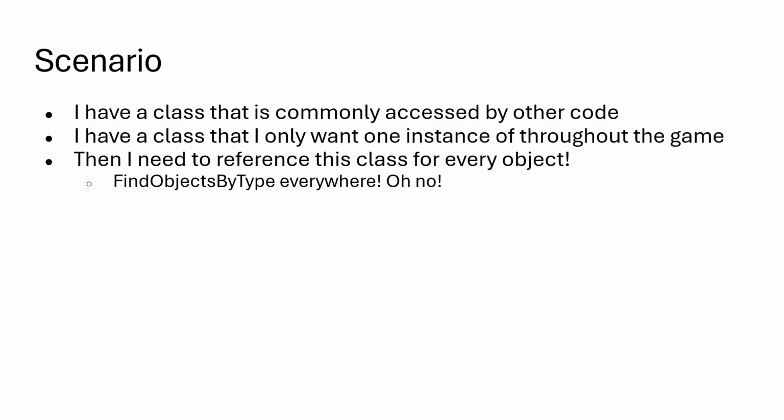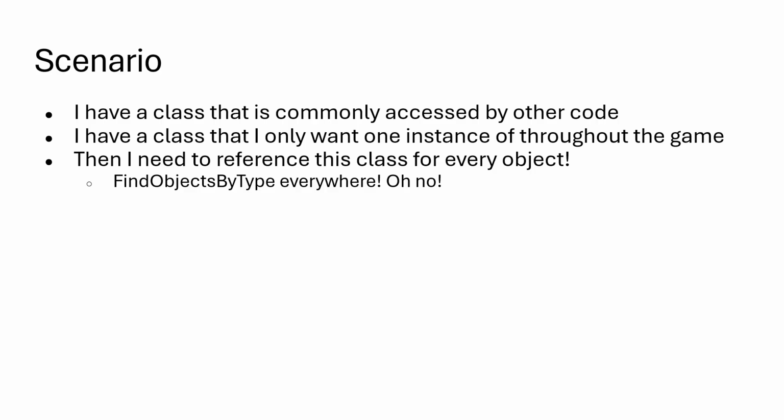So assume this one scenario where I have a class that is more commonly accessed by other code. Say you have this manager class that manages the current game state. Then a lot of the client code must know what game state I am in in order to perform my computations, in order to perform my behavior.